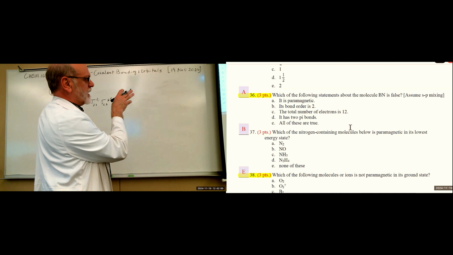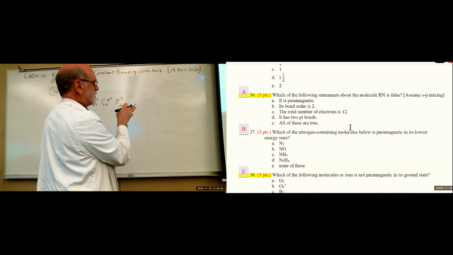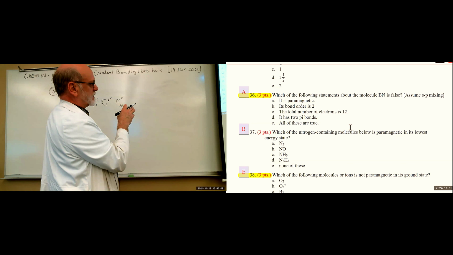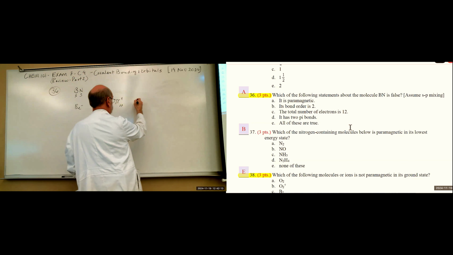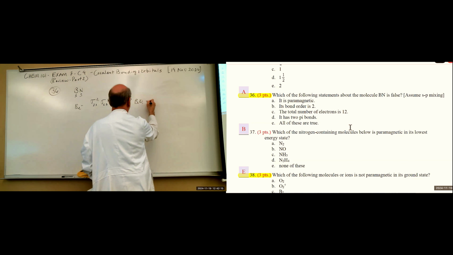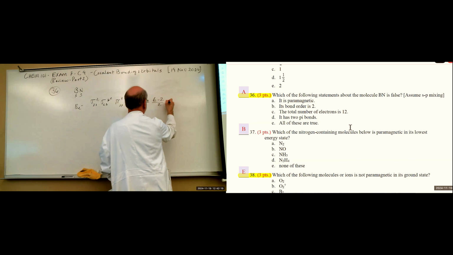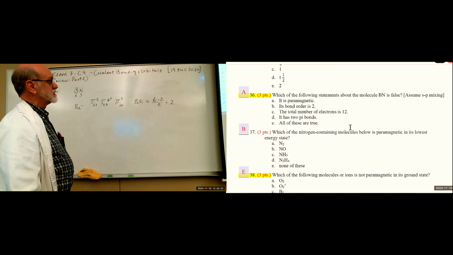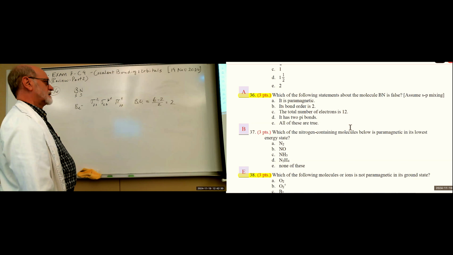So we have paramagnetism, bond order, total number of electrons. That can't be it. We already figured that was 8. 2 pi bonds. Okay, what we need to do is calculate the bond order. So that's 6 minus 2, is 4 over 2, so the bond order is 2. Right? I did that right.